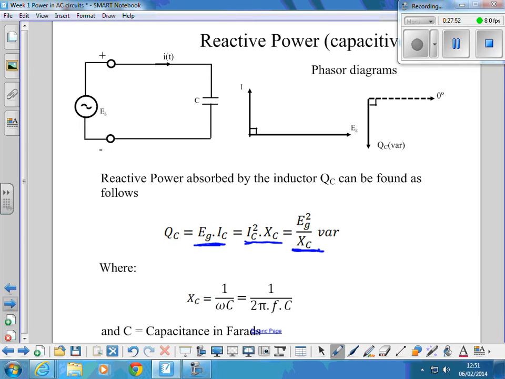Again, XC can be calculated from 1 over omega C, or from 1 over 2 pi times the frequency in hertz times C. Always bear in mind capacitance values in that formula are in farads, even though they're likely to be values in microfarads, times 10 to the minus 6.